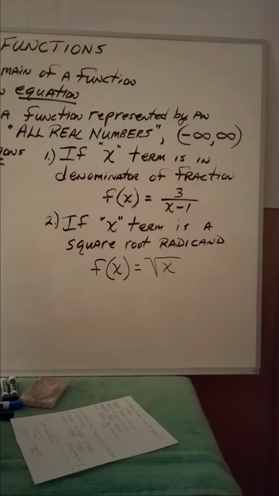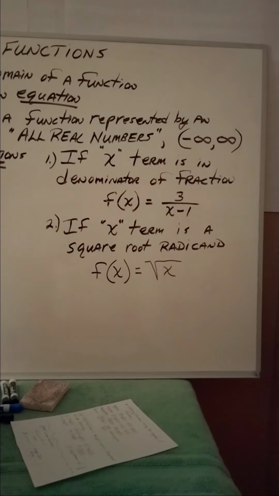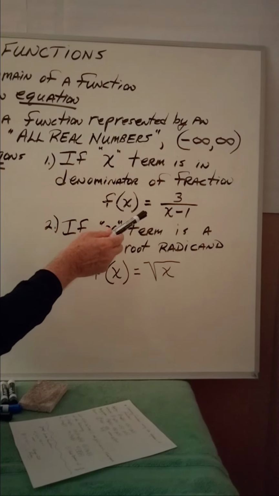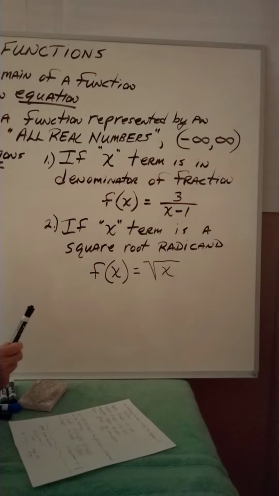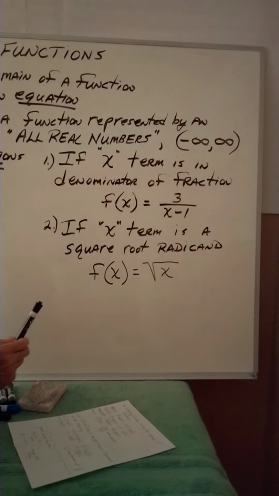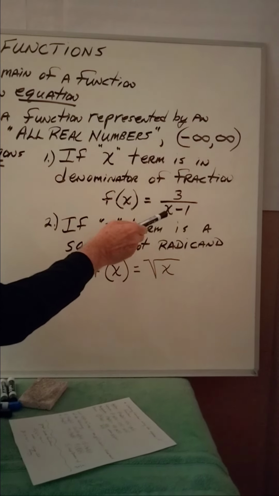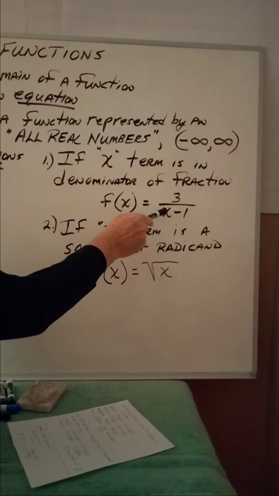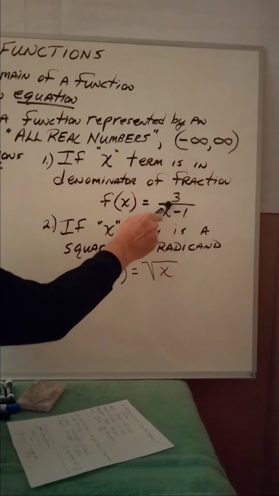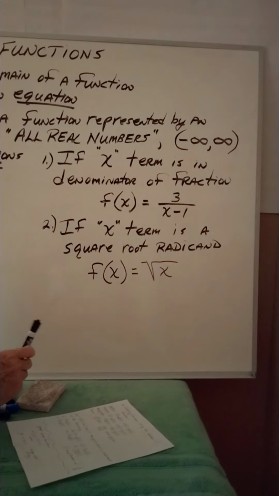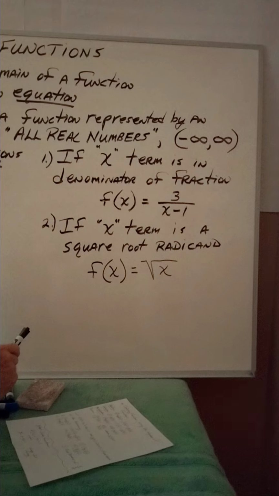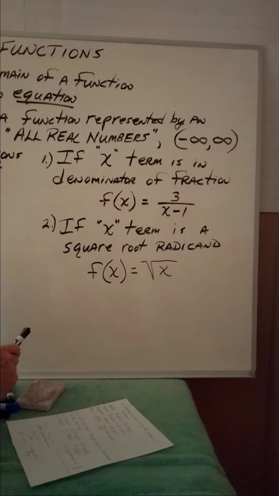It will be almost all of them, but not all of them, because we studied when we were looking at rational expressions that we cannot let the value of the denominator of any fraction be zero. Because if the denominator of a given fraction is zero, it would make it undefined.